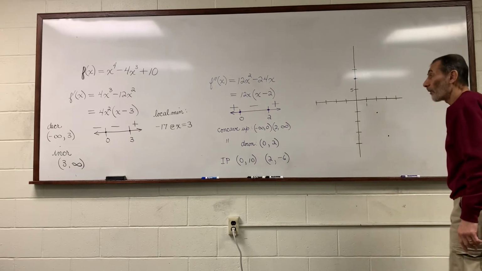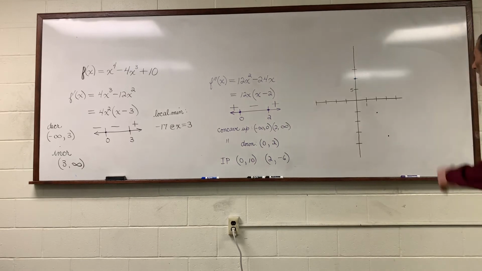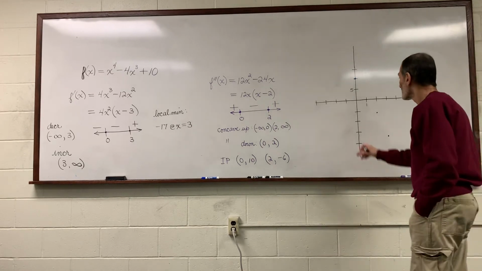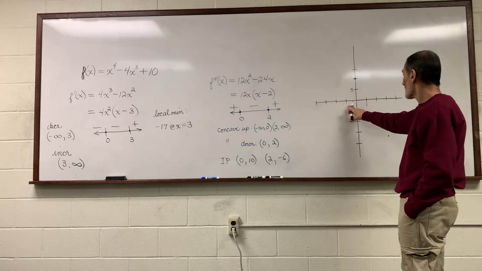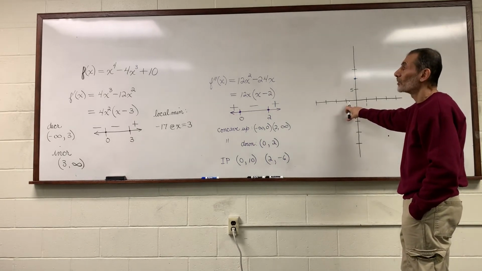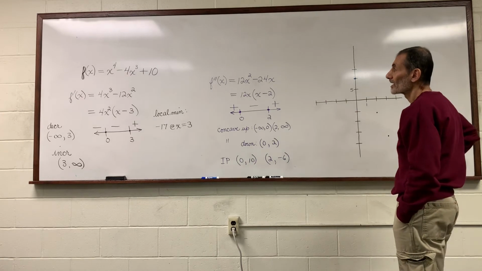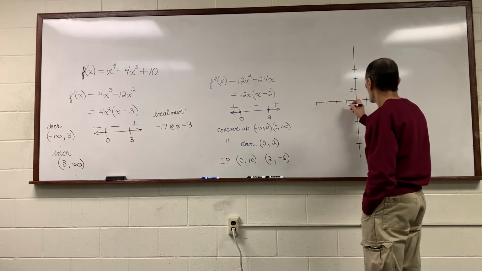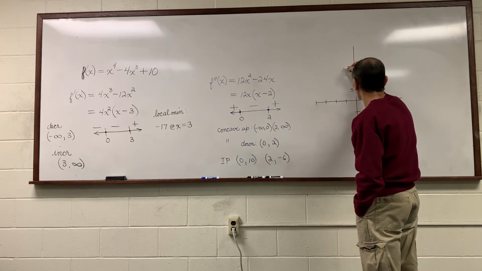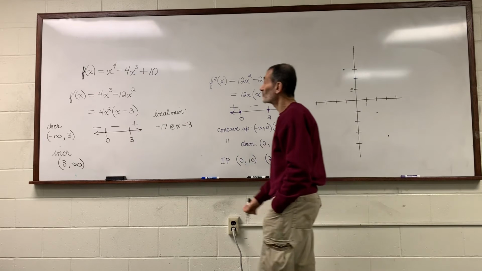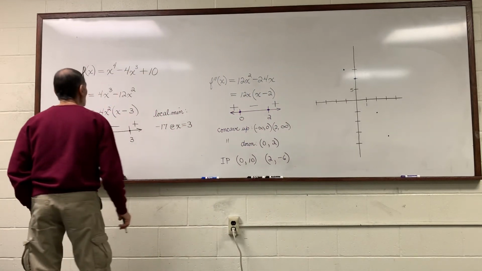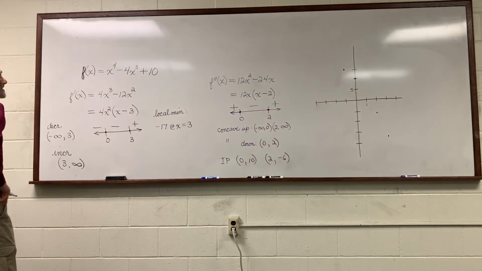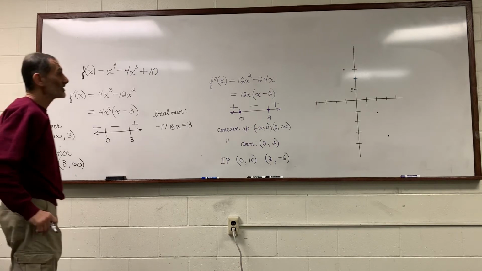It is always helpful to plot other points in between ones that we know or beyond, to interpolate or extrapolate. Well, at negative 1, y is 15. When x is negative 2, y is, well, it looks like it's about 58.